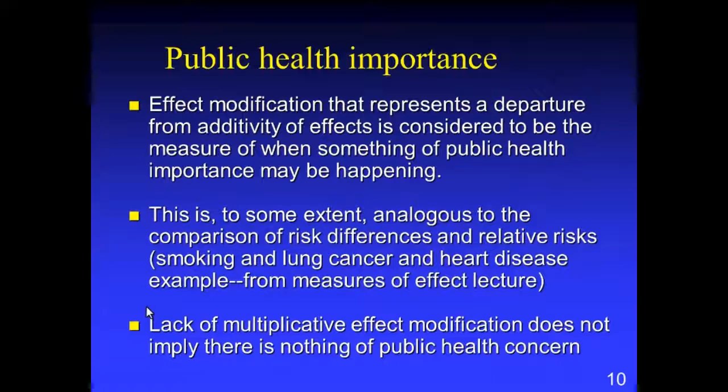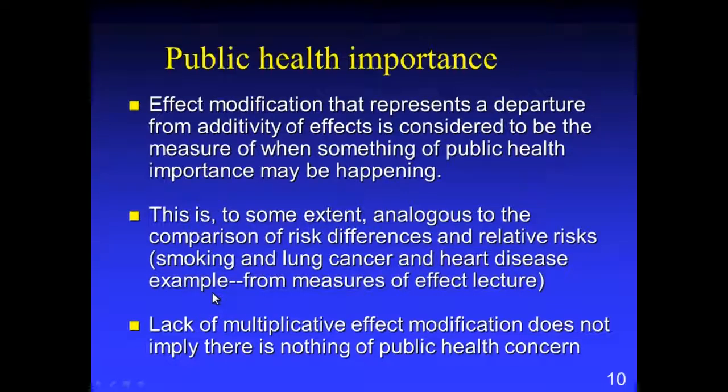So that was looking at it on an additive scale as opposed to comparing relative risks for lung cancer and cardiovascular disease on a multiplicative scale. So it's the departure from an additive scale which is most important, and that's why we really need to understand how to use case control study data to assess additive effect modification.